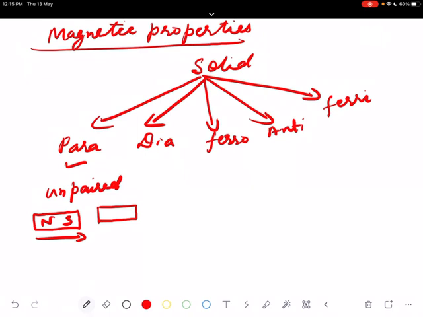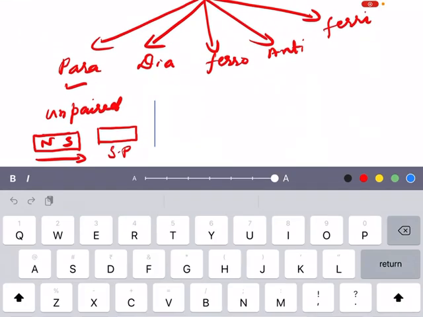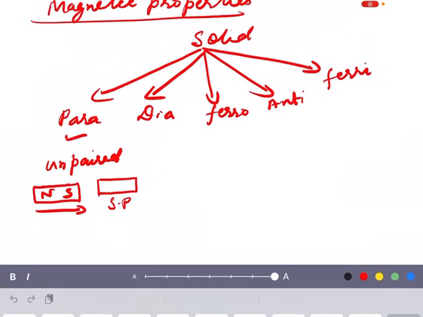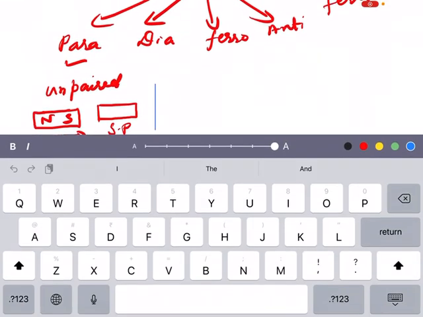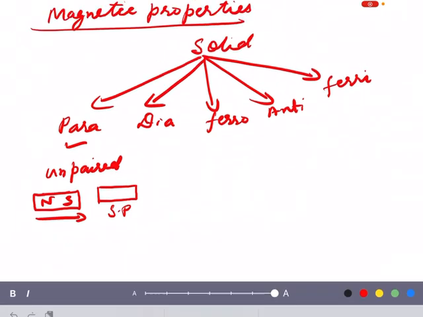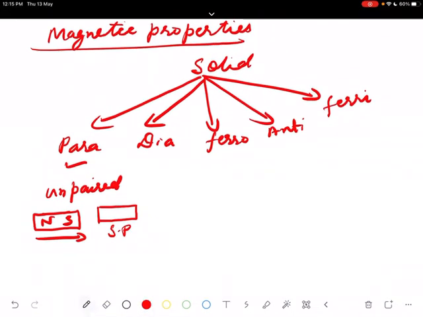If you take out the safety pin, now the safety pin cannot act as a magnet. When the safety pin acts as a magnet, then another safety pin can be kept.